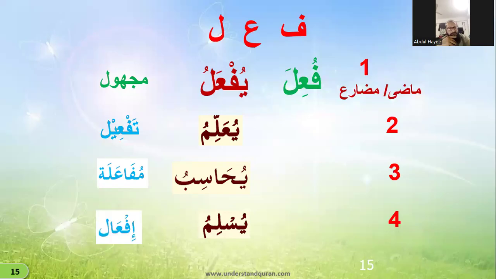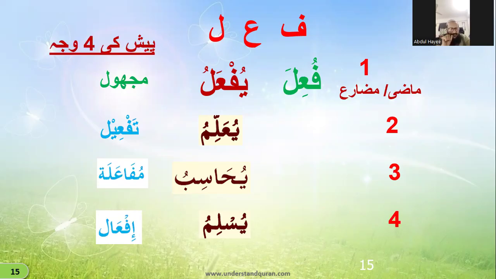Now, what is the importance of these four? Let me tell you. In Arabic grammar, if a verb has dhamma on the first letter, there are four possible reasons. First reason, it may be a majhul.